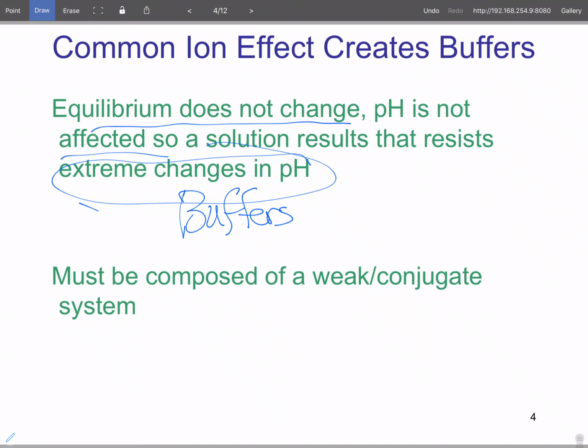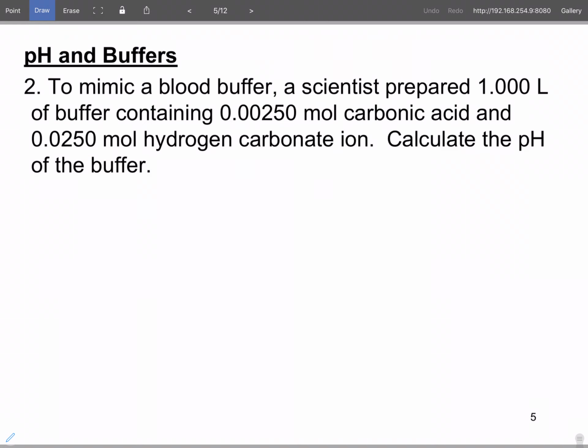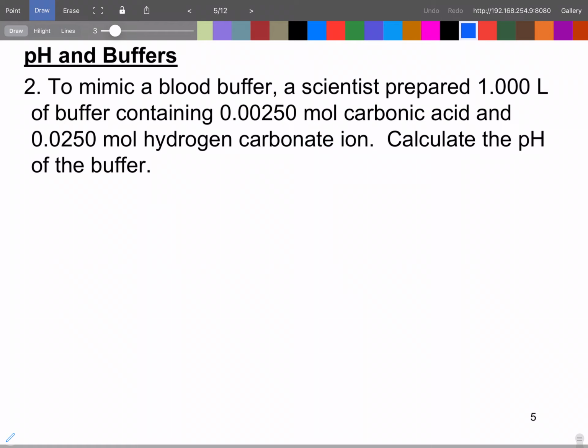So when you get to biology, they're going to talk about buffers a lot, and there are a variety of them in the body. But what you must remember is regardless of where you're using the buffer, it has to be a weak acid and its conjugate. Okay? So we'll work one more problem and then we'll look at some specifically on how buffers are made or species involved in buffers.